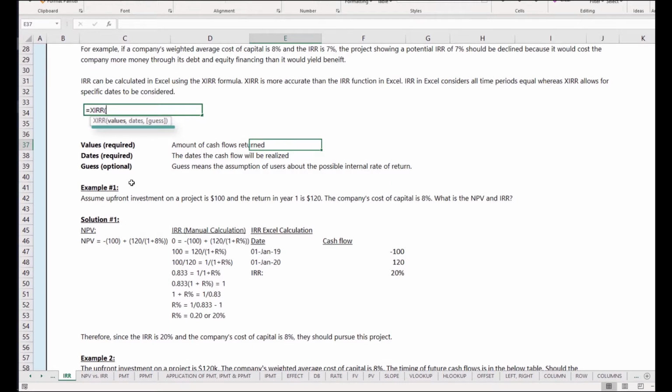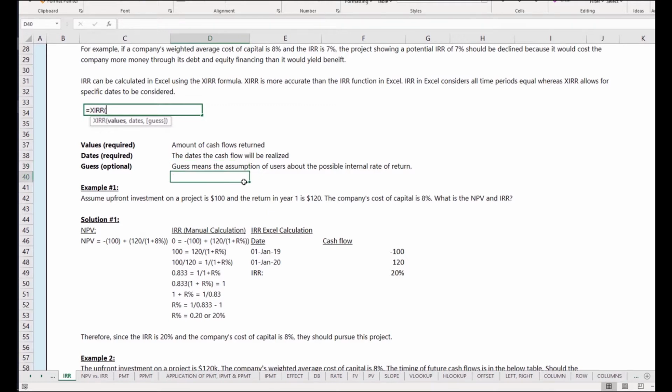Let's take a look at an example. In our example, assume upfront investment on a project is $100 and the return in year 1 is $120. The company's cost of capital is 8%. What is the NPV and the IRR? So let's take a look at the solution.